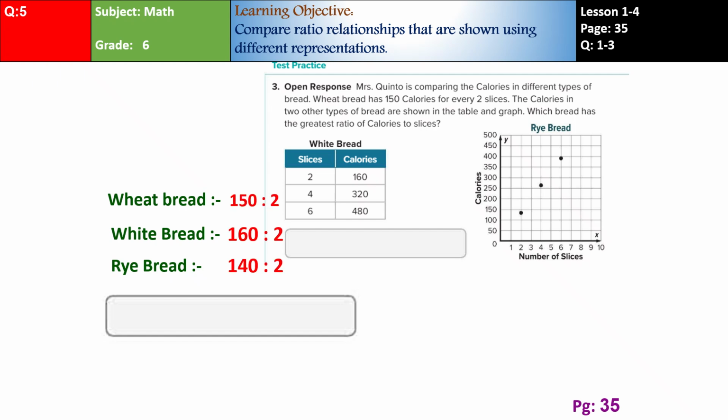So here wheat bread in 2 slices there are 150, in white bread 160 and the other bread is 140. What is our question? Which has the greatest? So white bread has the greatest number of calories per slice.